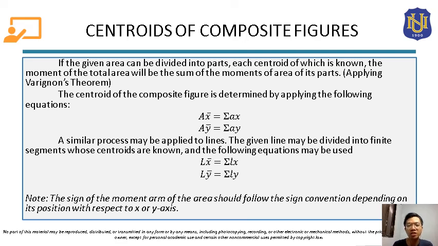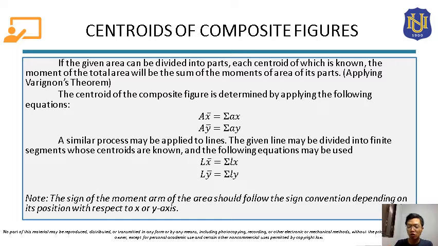Also take note here that the sign of the moment arm of the area should follow the sign convention depending on its position with respect to the x or y axis. The sign for the x and y coordinates depends on the position.